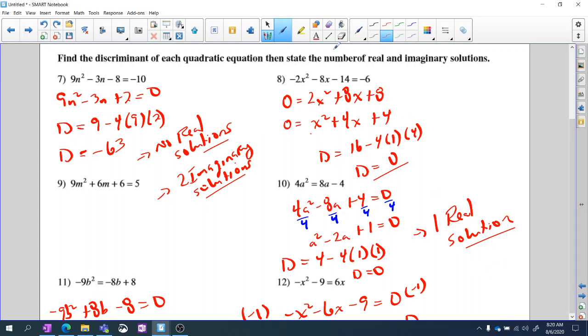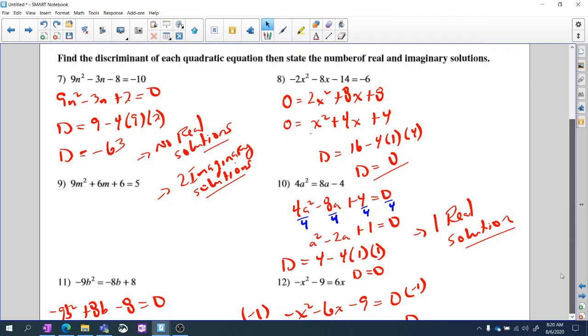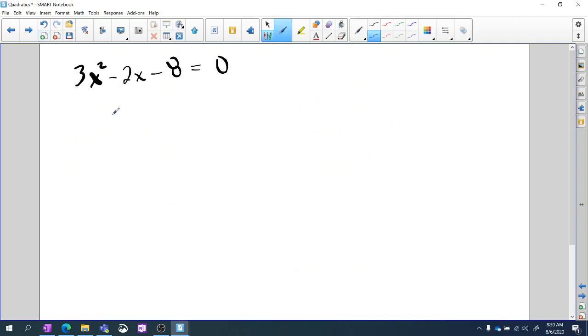Let's suppose I had this quadratic. So we'll look at this example just to show you an example where the discriminant is some positive number.